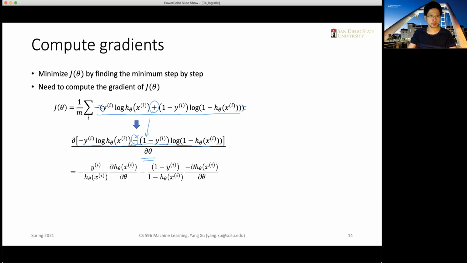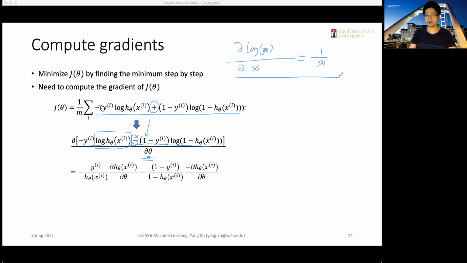So we want to compute the partial derivative of this logarithm of h theta of x with respect to theta, right? And we know the derivative of a logarithm function. When we take the derivative of the logarithm of x with respect to x, it would be 1 over x, right?